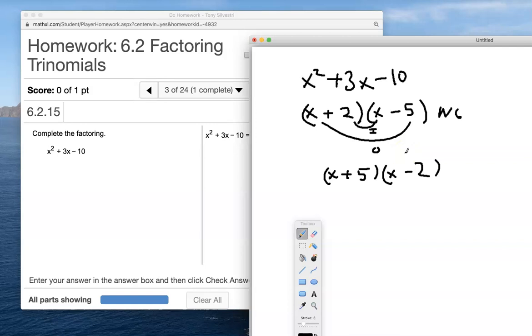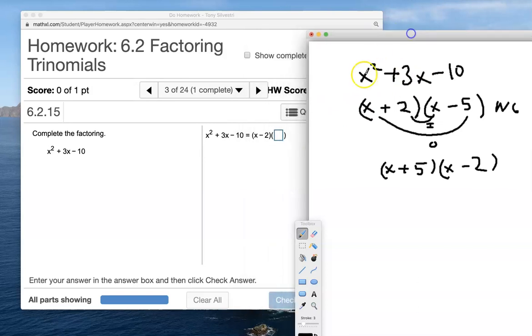But you're going to get crazy with this FOIL because this entire Algebra 2 deals with FOIL in a big way. If I do the first terms, I get the x squared. If I do the outer terms, I get minus 2x. Inner terms is 5x. So minus 2x and 5x gives me the 3x. 5 times negative 2 is negative 10. I do know that's right, so let's move this over to the side.